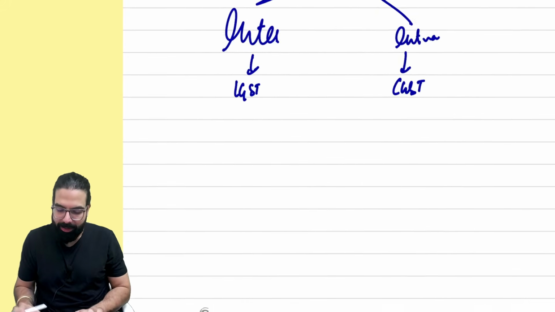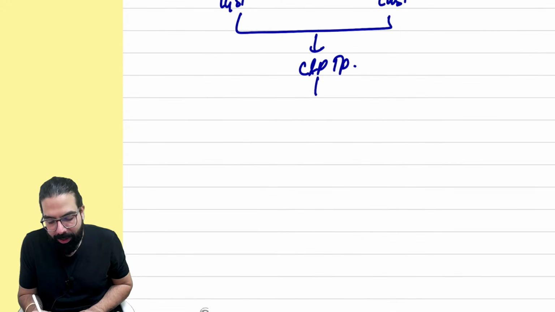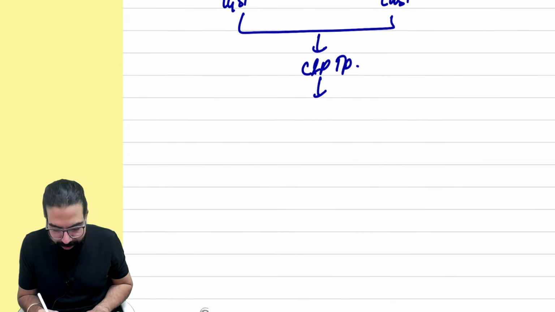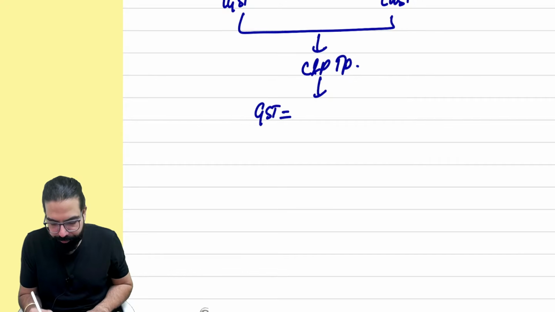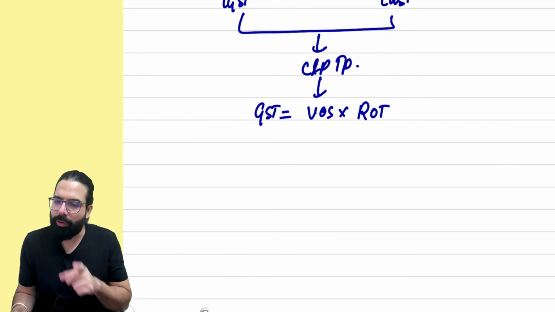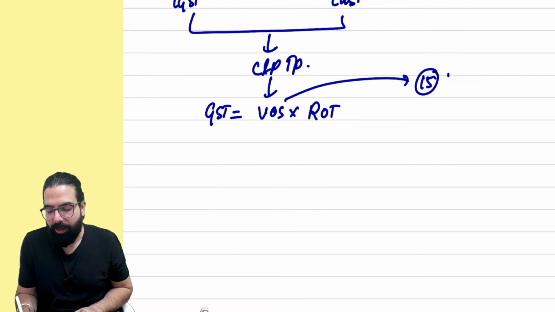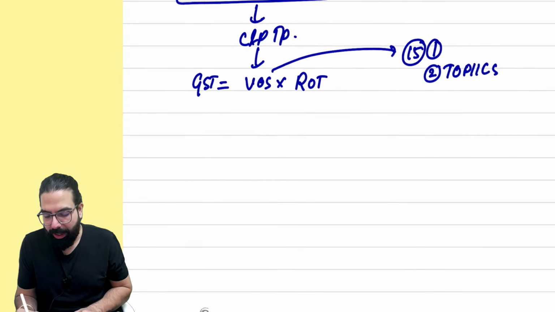Once GST is levied, it should be collected and paid by a taxable person. How will he collect and pay? He will calculate GST equal to value of supply into rate of tax. In the previous class, we learned about value of supply. Do you remember? Value of supply: section 15.1, transaction value; 15.2, what is to be included; 15.3, discount.